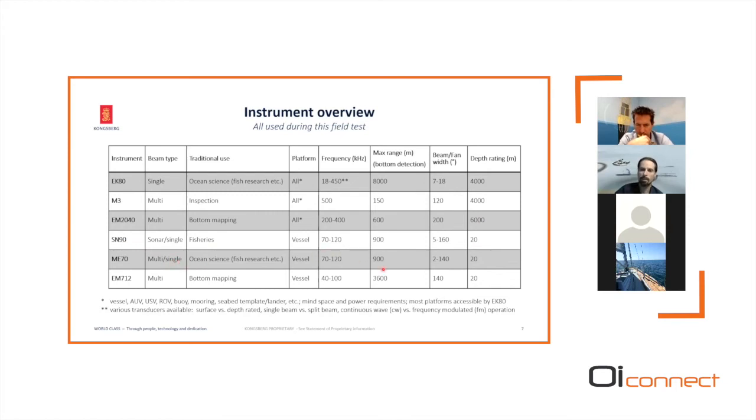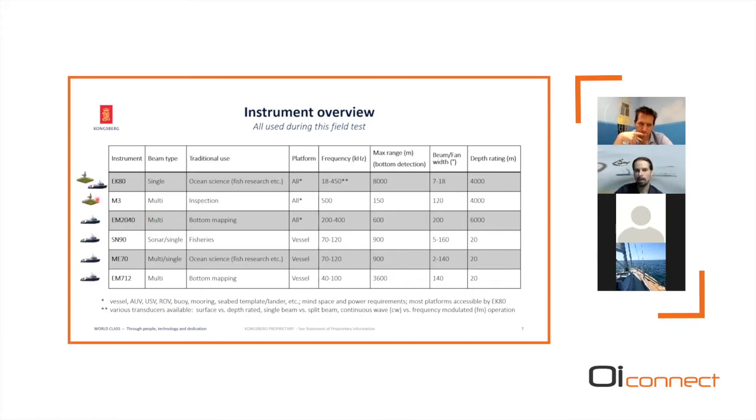You have a maximum range of 900 meters and a variable opening angle, and it's again a vessel system. And finally, the EM712. It's a bottom mapping multi-beam system with a large range, so it's usually a bathymetric system for a vessel.